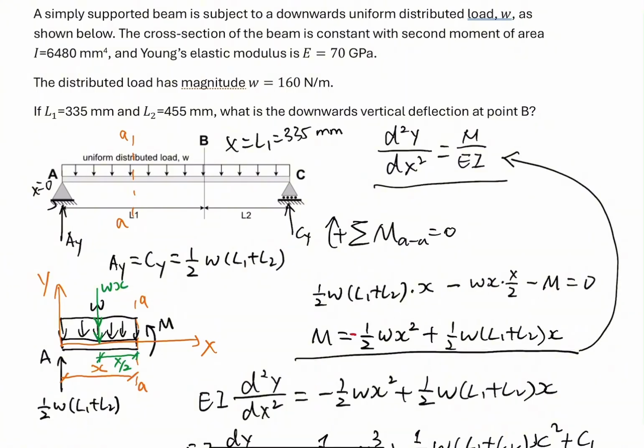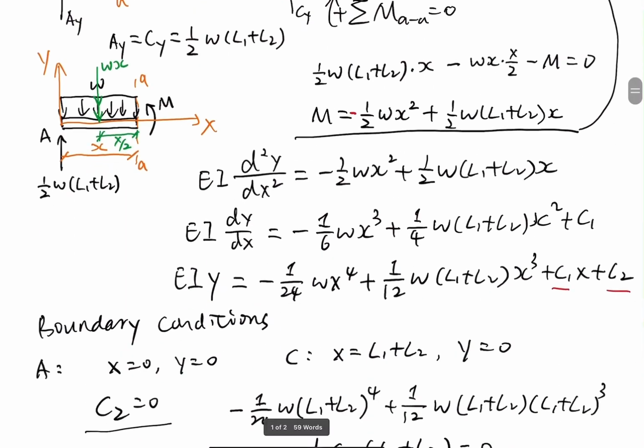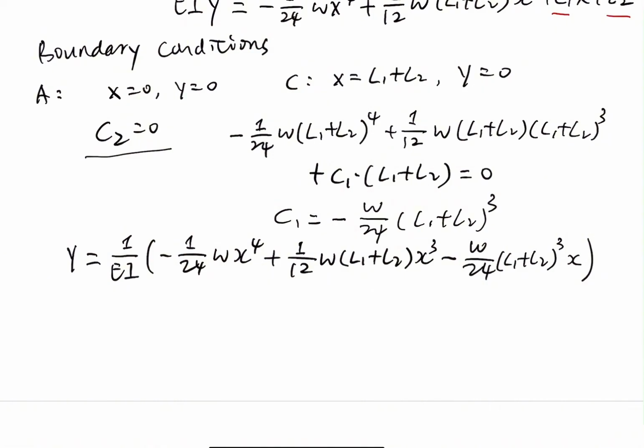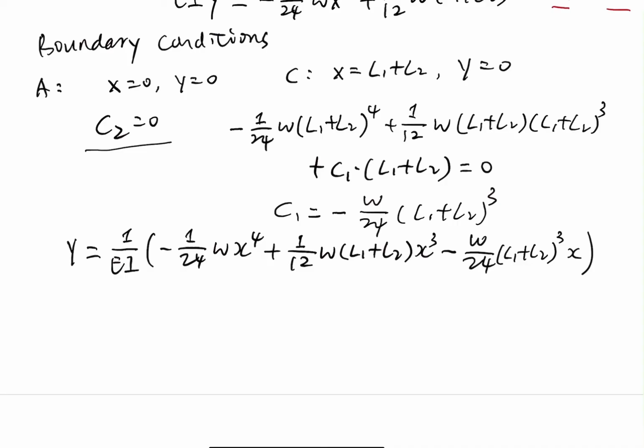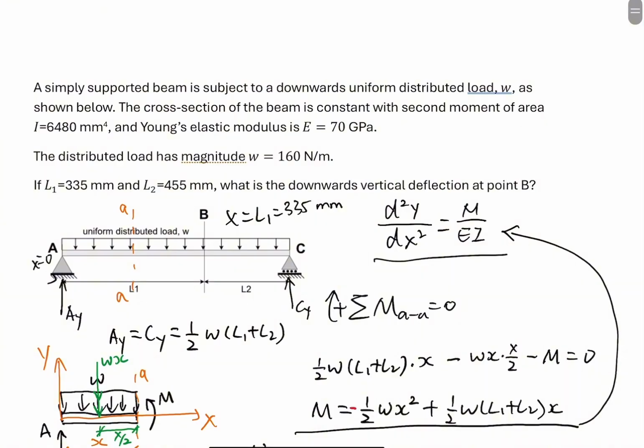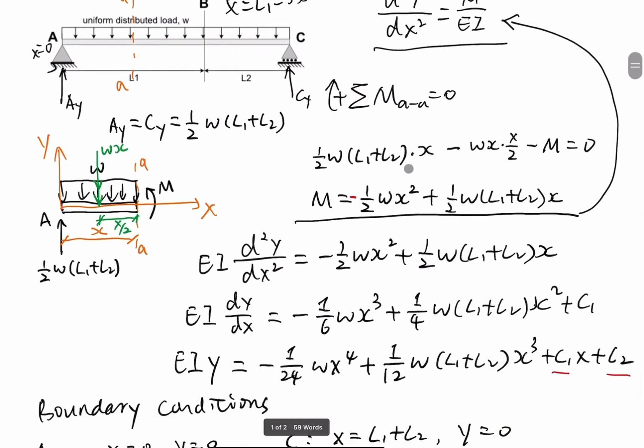So we just plug x equal to 335 millimeter into this equation to evaluate the deflection at point B. Now I would like to put all these constants here. We know E, I, W, L1 and L2.